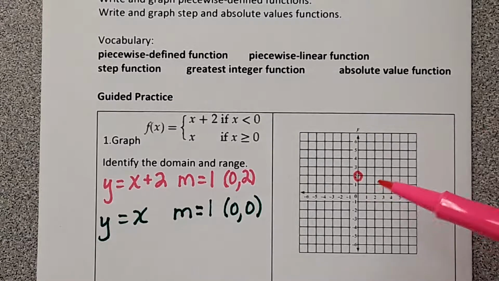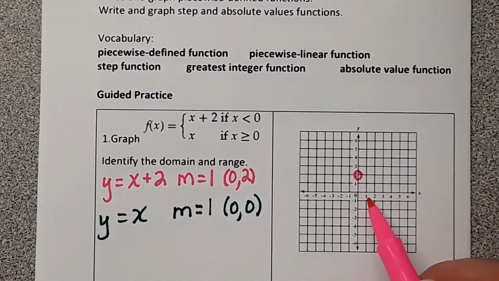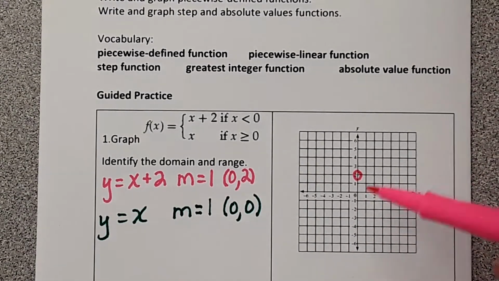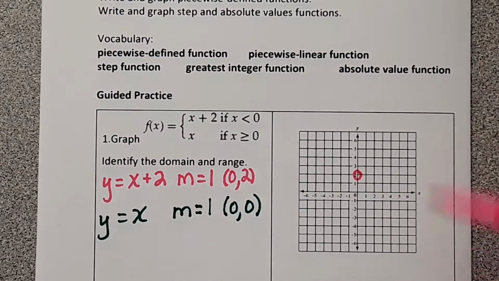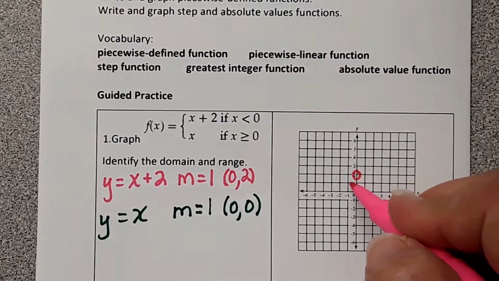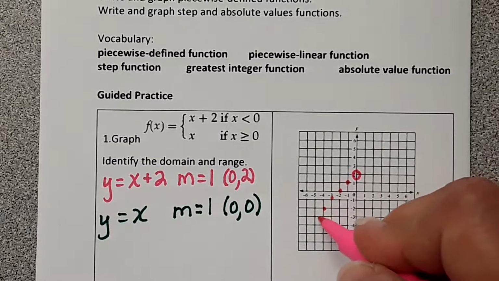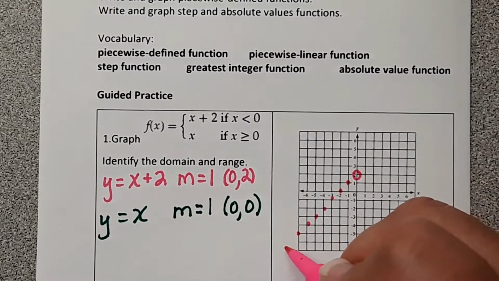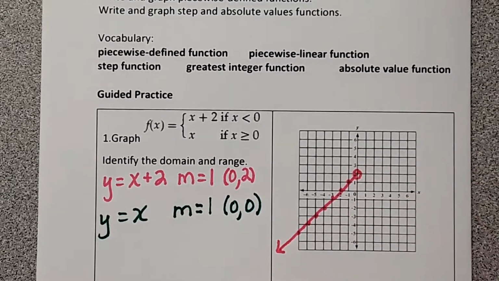You guys, if we graph the line upwards, that means all of our x values would be greater than 0. Does that make sense? Like if we graphed 1, 3, 1 is greater. We want all of our x's to be less than 0. So we're going to start with this point, and we're going to go down 1 over 1, down 1 over 1. So we're only taking this piece of the line where x's are less than 0.